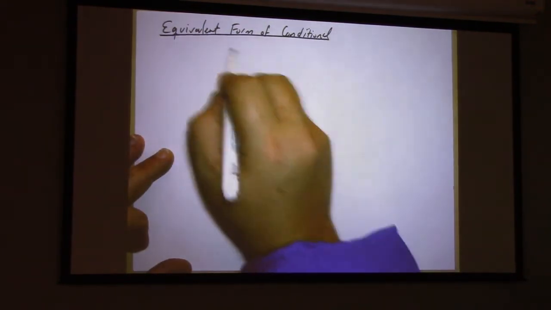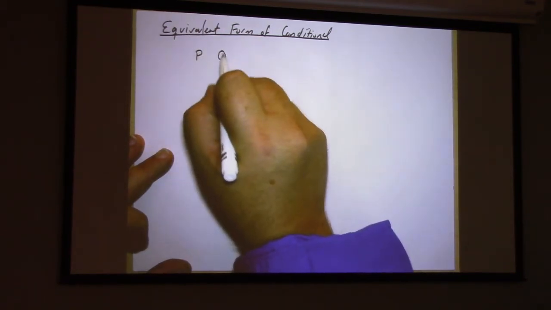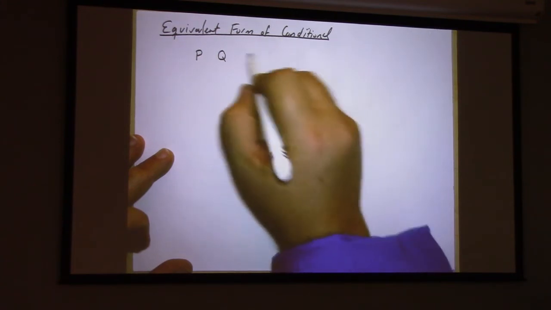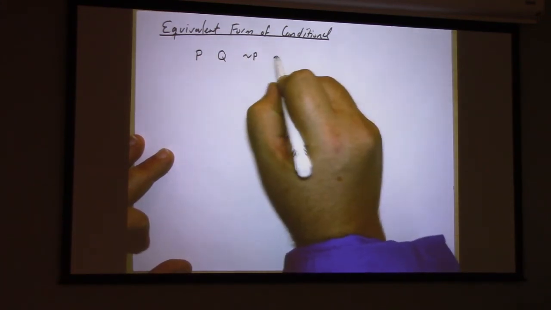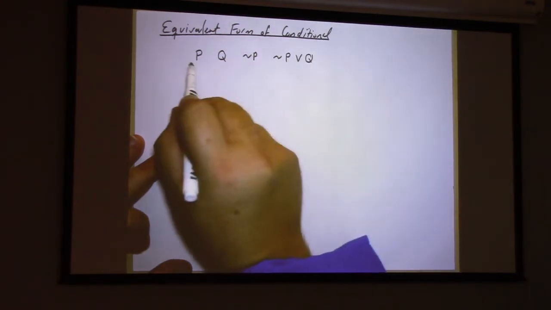All right, so what we're going to do is pretty simple. We're going to put P here, we're going to put Q here, and we're going to study not P and not P or Q. All right. So I'm going to make my truth table.